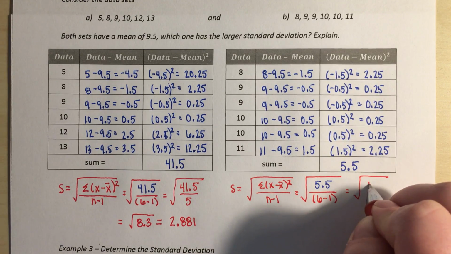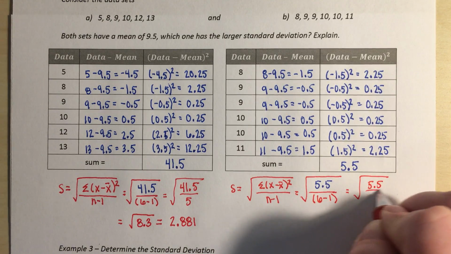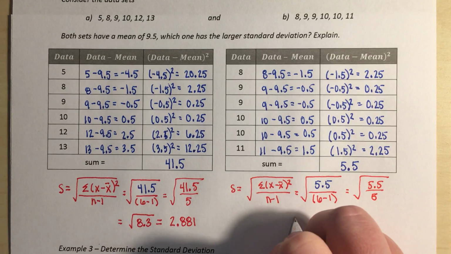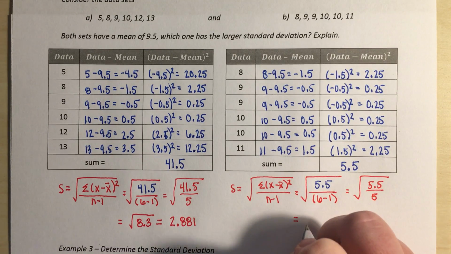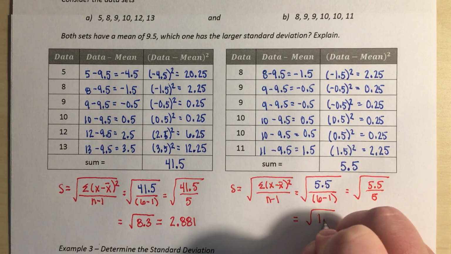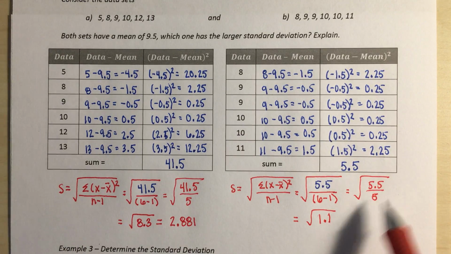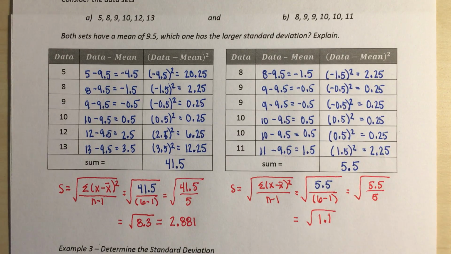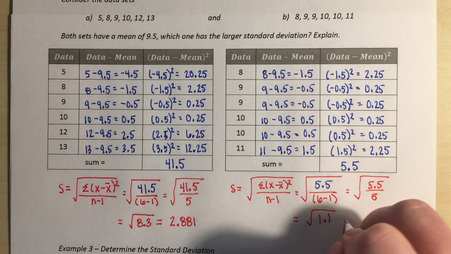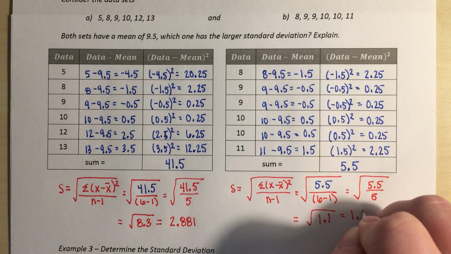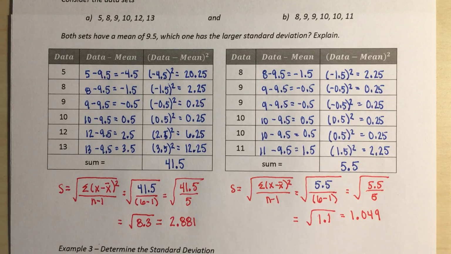This gives us the square root of 5.5 divided by 5. Again, this works out evenly to give us 1.1. If it didn't, I wouldn't recommend doing a bunch of rounding here. Just type this whole thing into your calculator, and this gives us a standard deviation of 1.049.